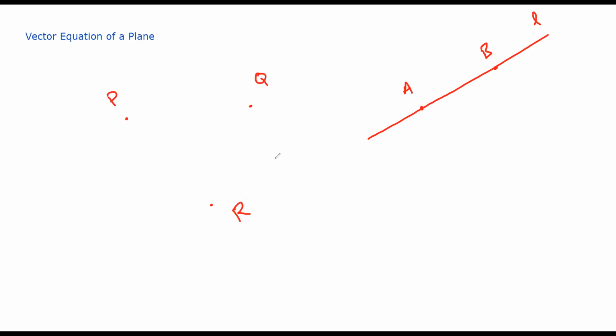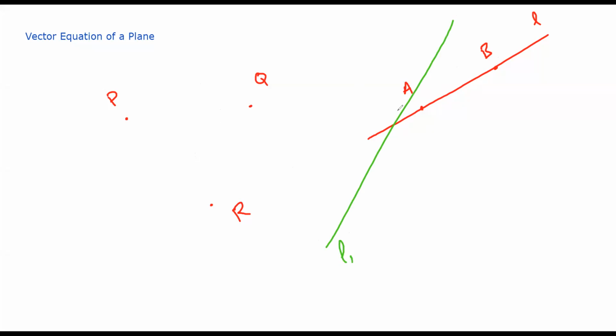Okay. Secondly, to define a plane, we need three non-collinear points. Secondly, if you look at this line AB or the line L, and then there is another line, let's say this is the line L1.